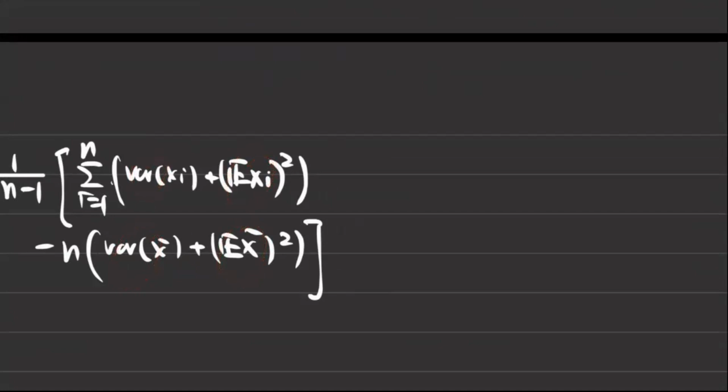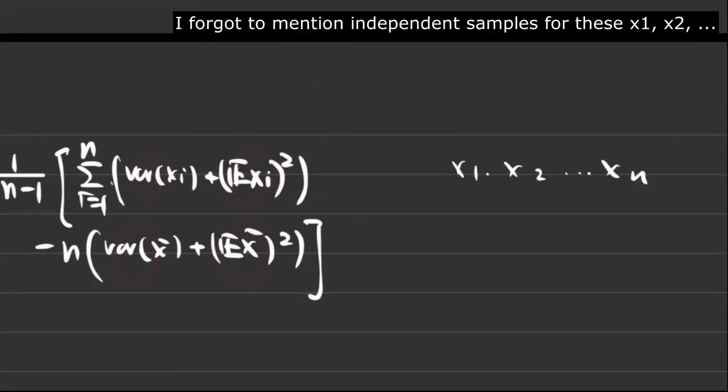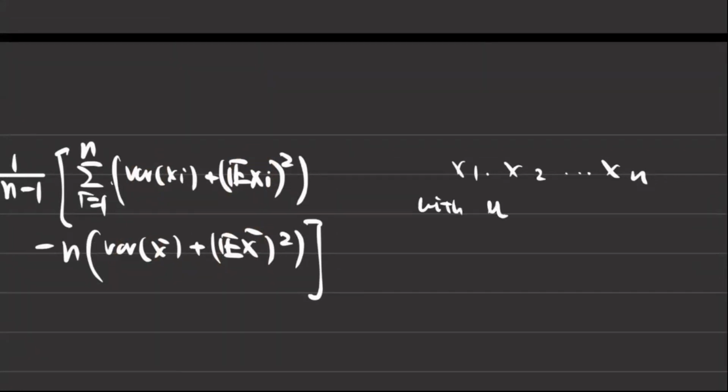For example, if you have x1, x2, to xn, let's say these are random samples coming from a distribution with some sort of mean mu and variance sigma squared. If that is the case, then it follows the following.